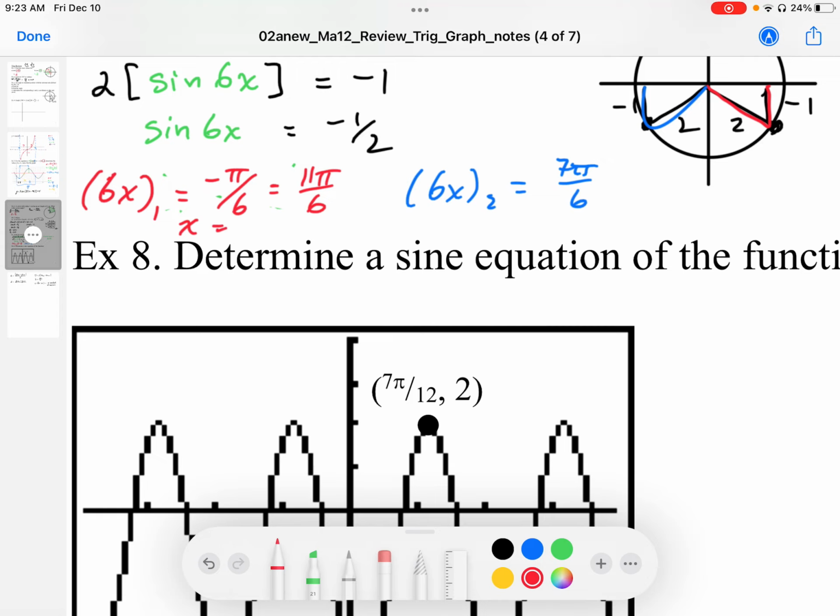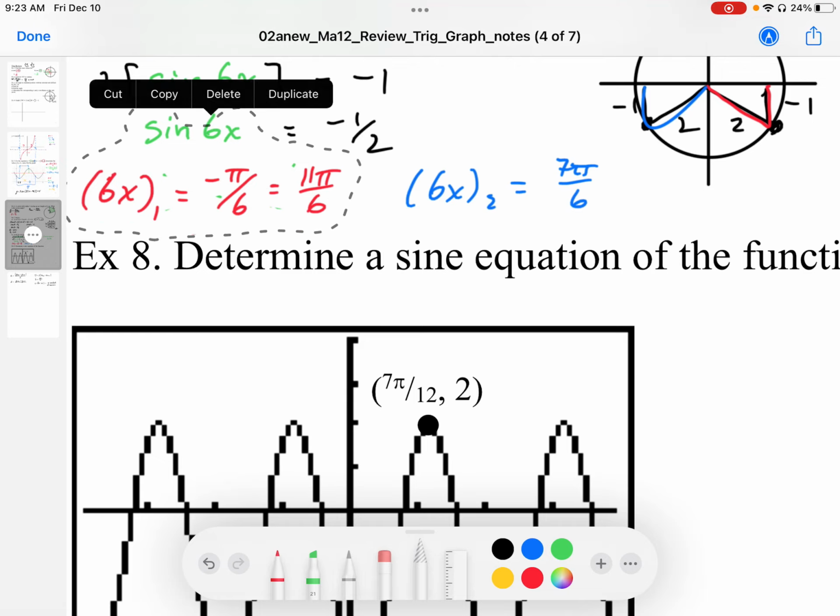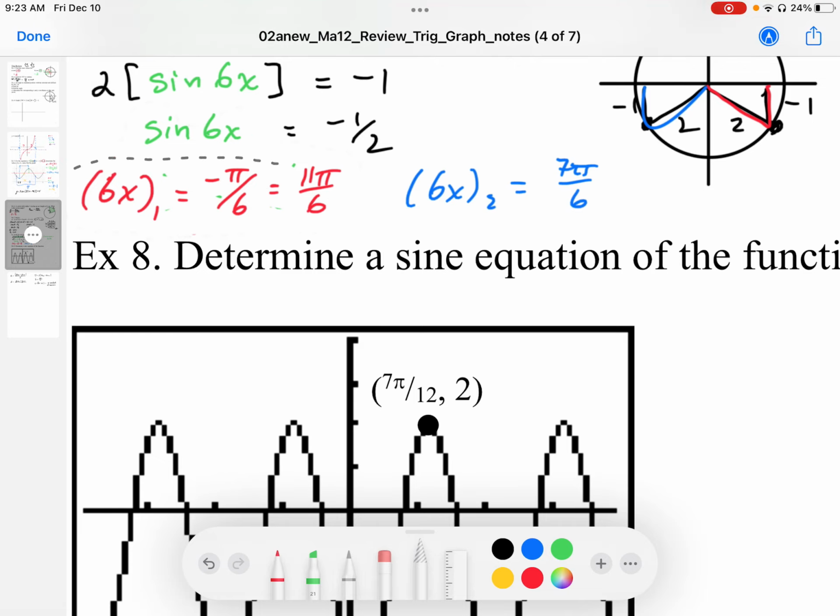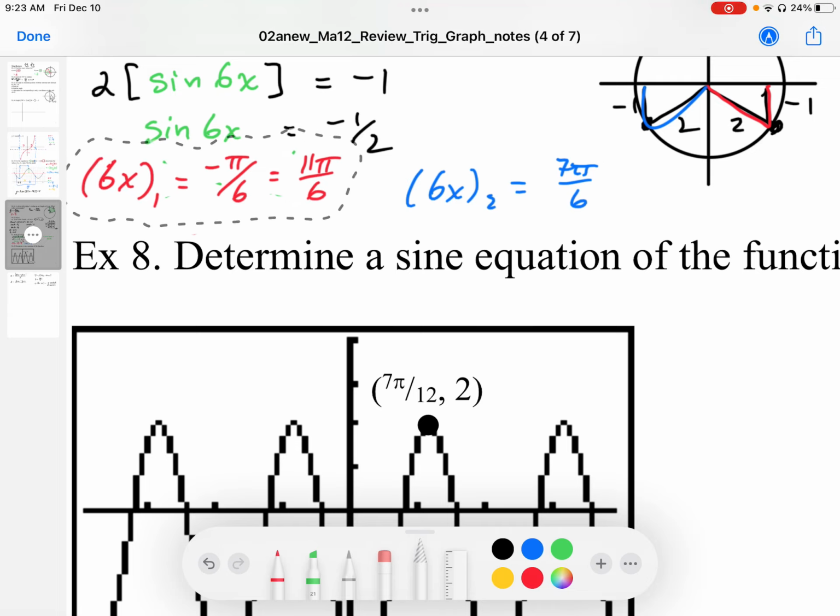So I'm going to end up with, actually, let me just organize this a little bit better so it's a little bit easier to see. I'm just going to shift this up a little bit. Give myself a little bit of space.